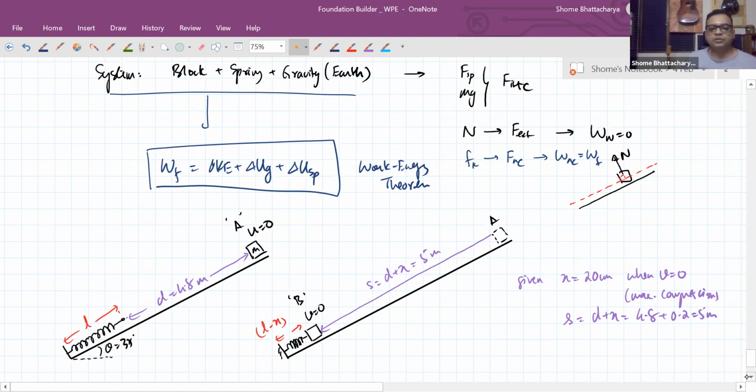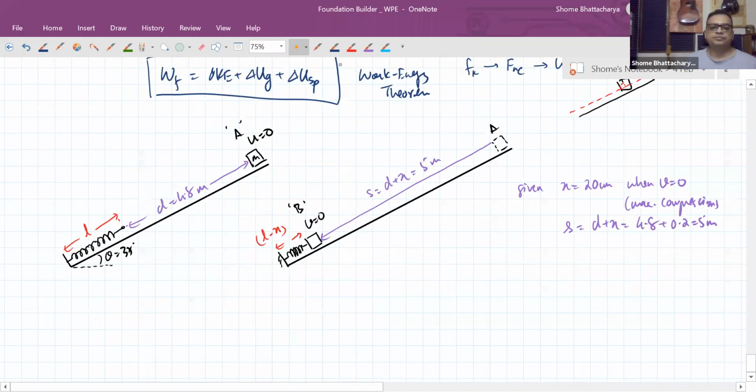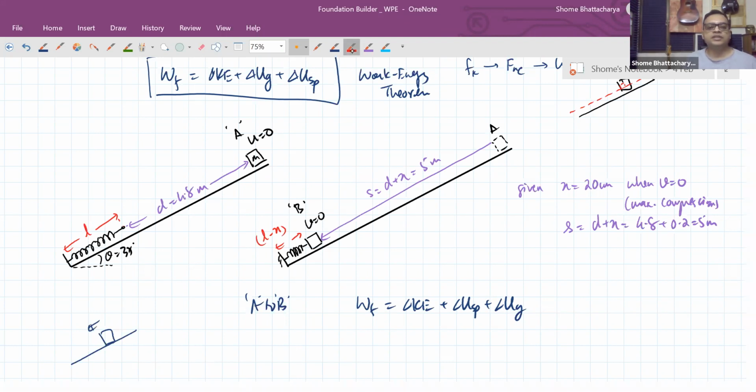So first let us apply work energy theorem from A to B. So A to B, work done by friction will be change in kinetic energy plus change in elastic potential energy of the spring plus change in gravitational potential energy. Okay. Now while the block is moving downwards like this, friction is acting in this direction.